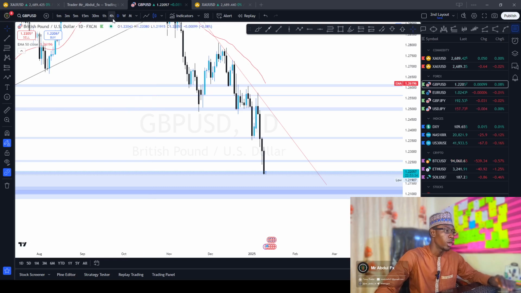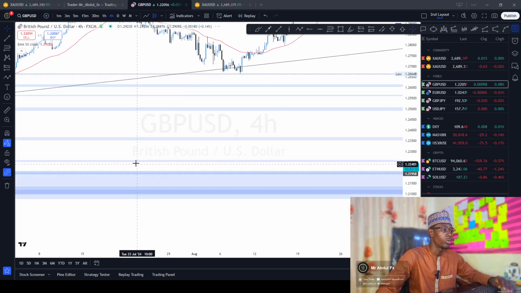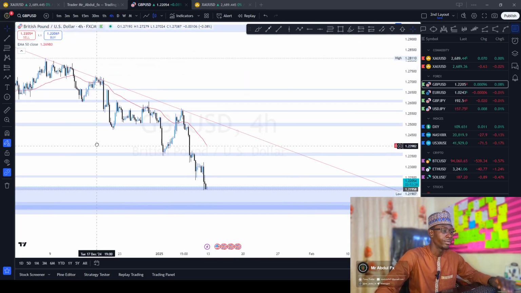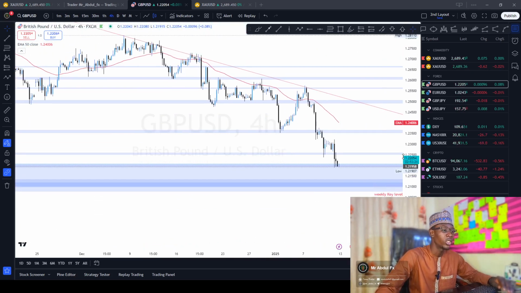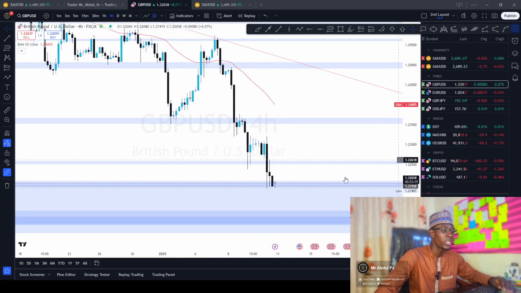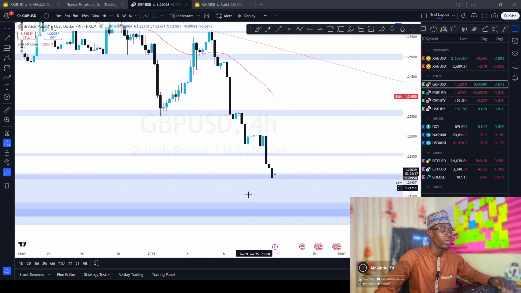So coming down to the 4 hour time frame, you are going to see that these strong 4 hour candles rejected this key level.